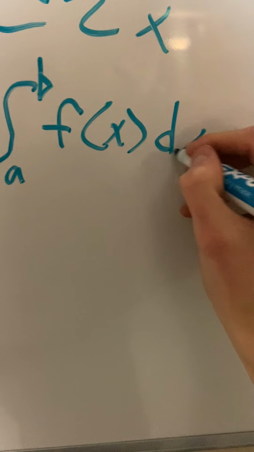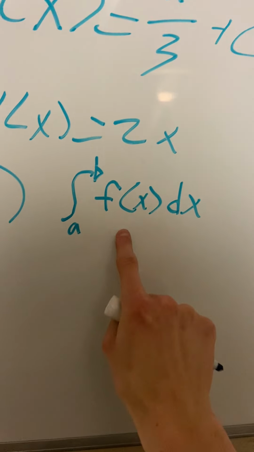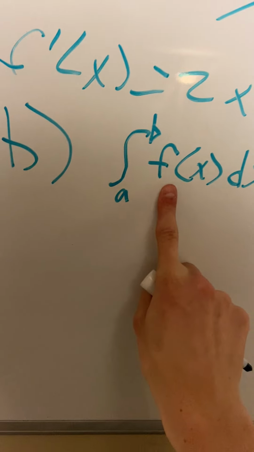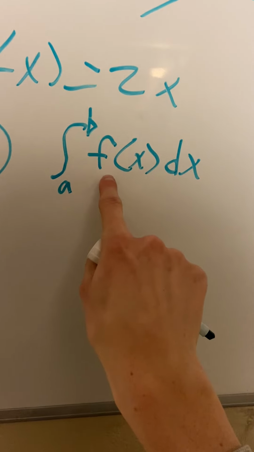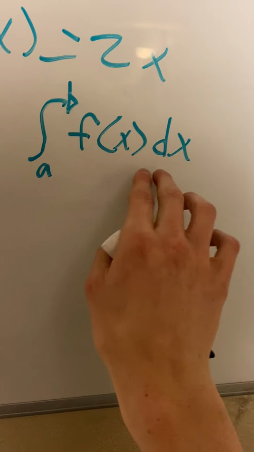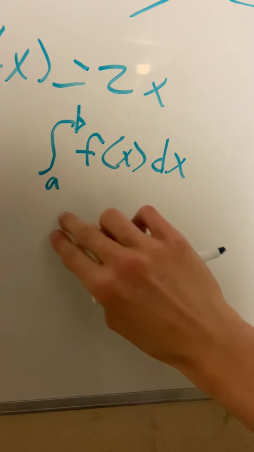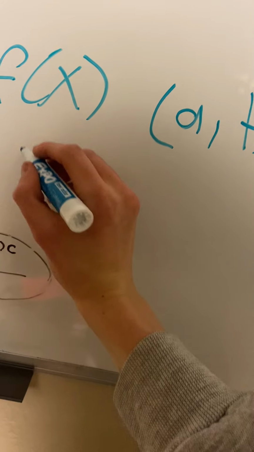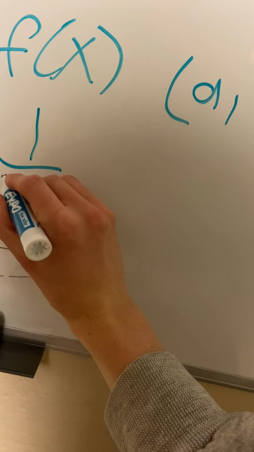f(x) dx. It can also be thought of as taking all the little changes, the slopes, and averaging them, and then multiplying them by that. That is maybe a confusing way to think of it.